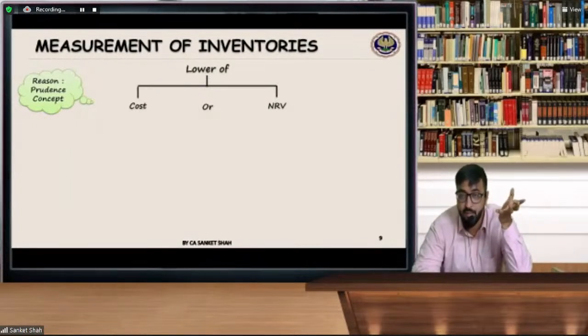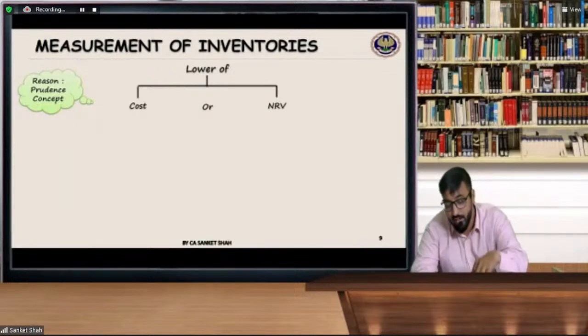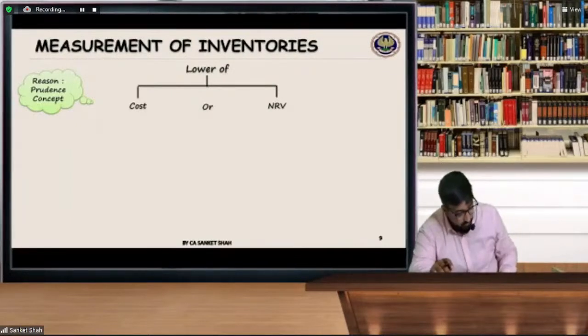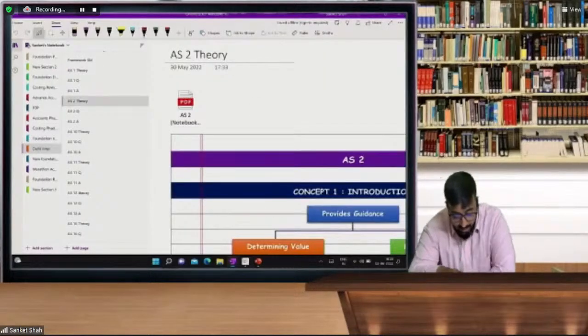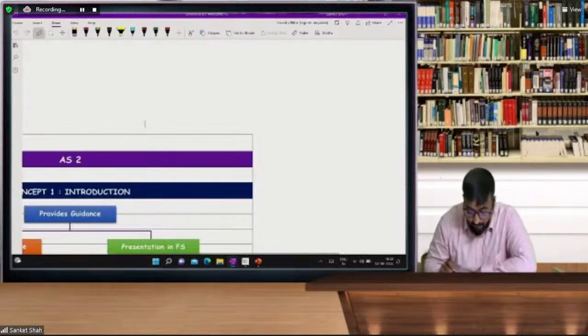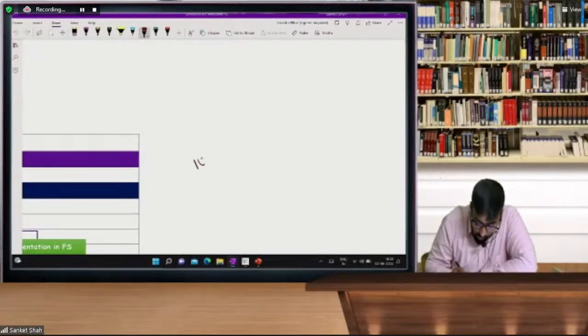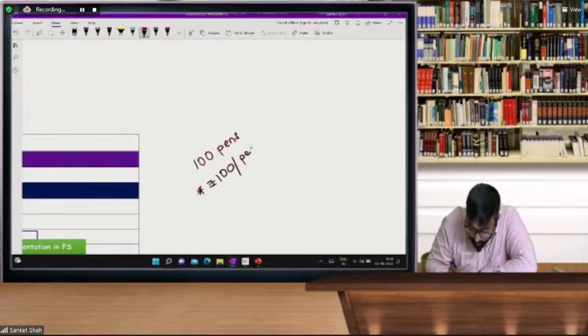Suppose my closing stock has a cost of rupees 100 per pen, and I have 100 pens.